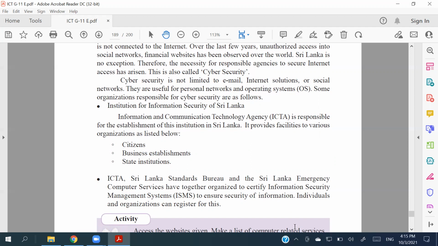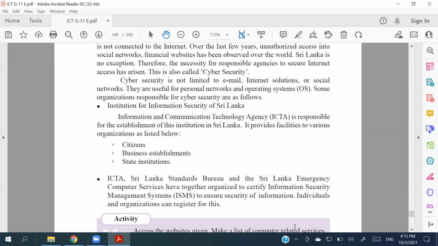So as the last point describes, ICTA, Sri Lanka Standard Bureau, and the Sri Lanka Emergency Computer Service have together organized to certify Information Security Management System, ISMS, to ensure the security of information. Individuals and organizations can register for this, right?